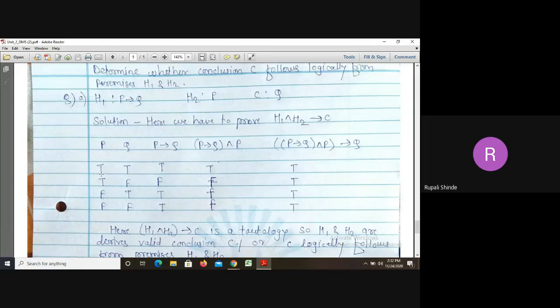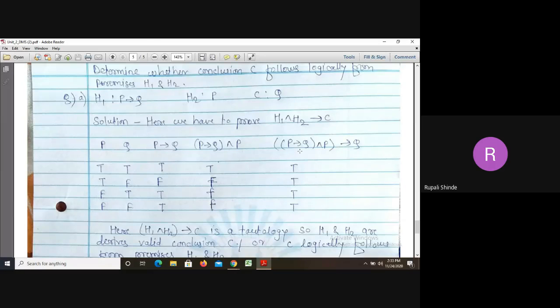Values for P, T T F F, Q, T F T F, P conditional Q means what? T F F, and for the rest of the values it is T. Now P conditional Q and P. So for this AND operation, if both the values are T, T, then only the final value is T. Otherwise it is F. So values for this column are T, F, F, F.